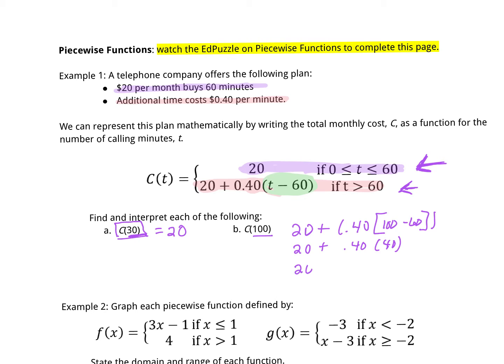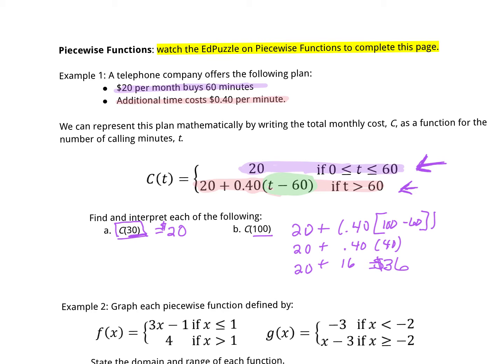Multiplying 4 times 4 is 16, and adding the two zeros and moving the decimal, we get 16. So we find that the cost would be $36 for that particular situation.